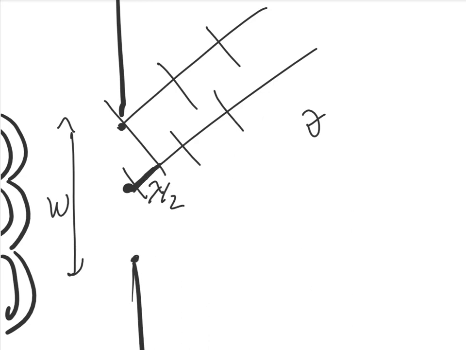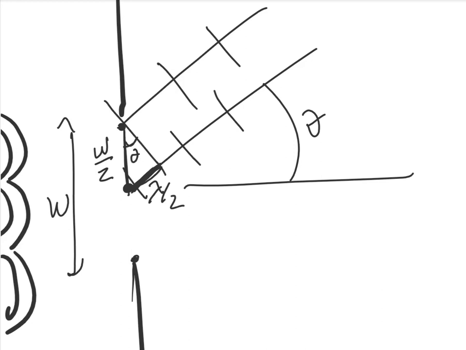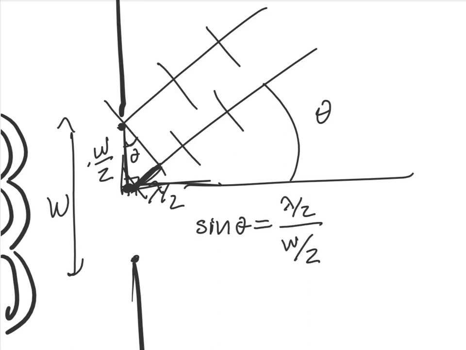We can do that by drawing a triangle where the opposite side is lambda over 2 and the hypotenuse is W over 2. Thanks to a 90-degree angle, the little theta there is exactly the same as the big theta, and we can write the expression sine theta is equal to lambda over 2, all over W over 2.